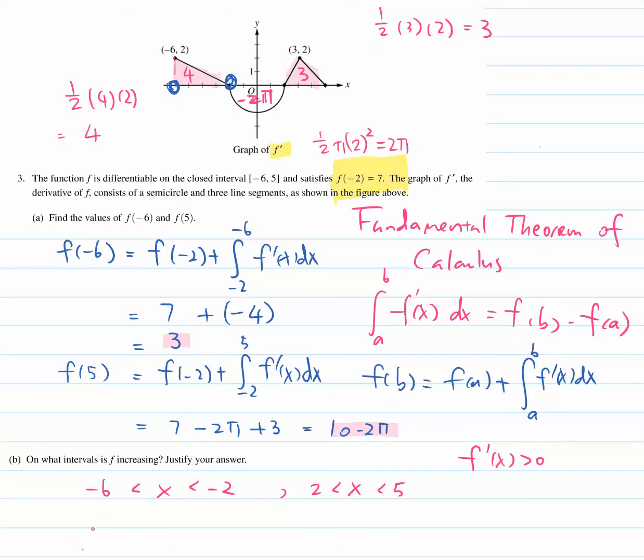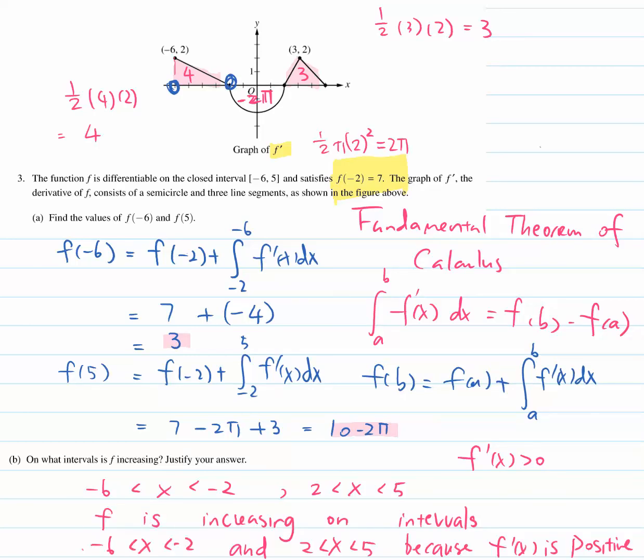So we say that f is increasing on the intervals -6 less than x less than -2, and 2 less than x less than 5, because on those intervals f prime of x is positive. And this is all we have to do for part B.